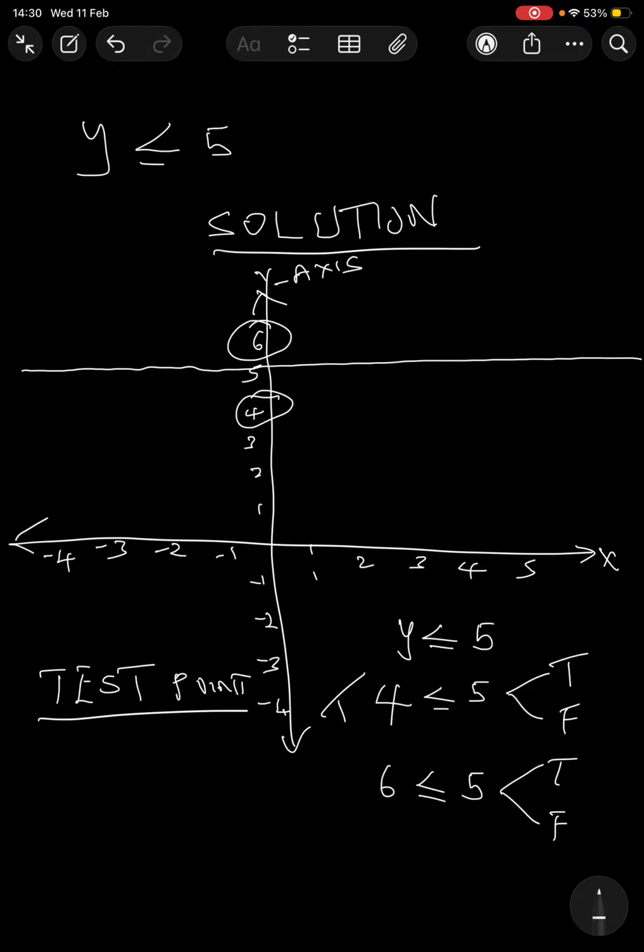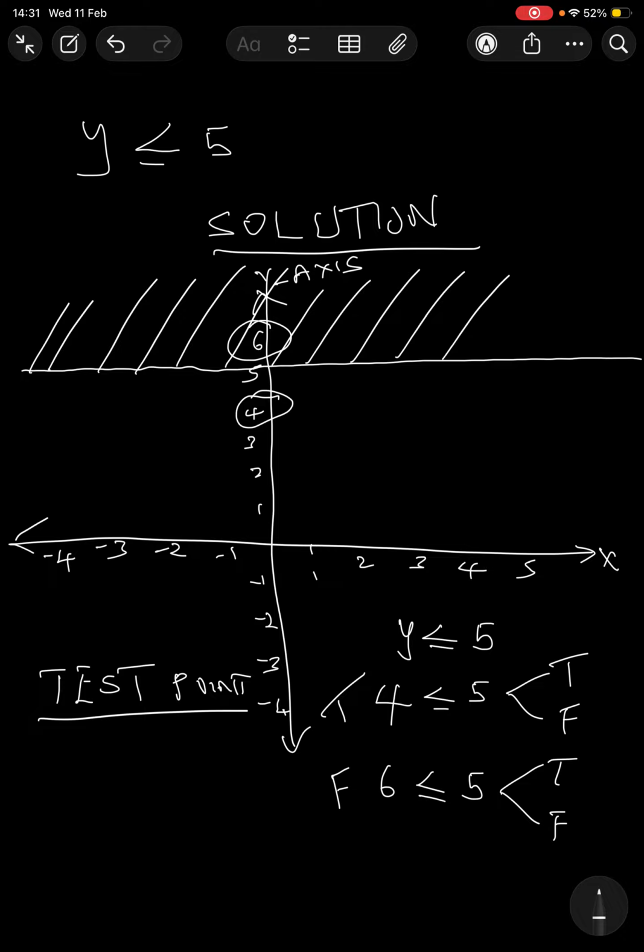Next, 6 is less than or equal to 5? False. So you shade the part which does not satisfy linear inequalities. 6 is above the line, so we shade the unwanted part. So that is the unwanted part.